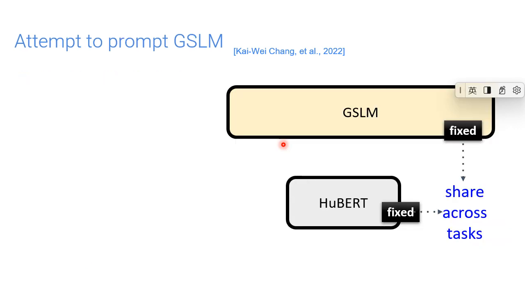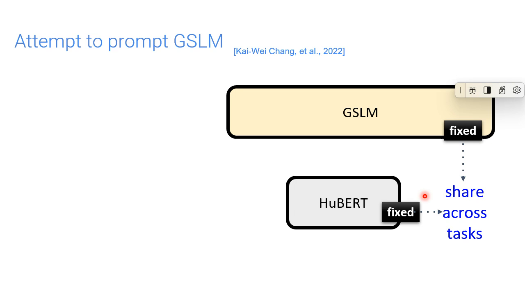How can we prompt GSLM? Without fine-tuning its parameters, we can use GSLM in different tasks. So in our scenario, both HuBERT and GSLM have fixed parameters. They are used across all the different tasks.